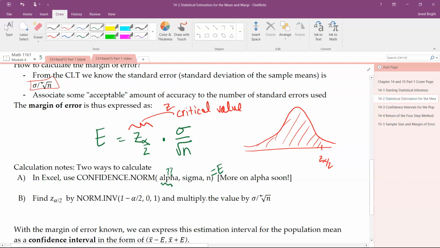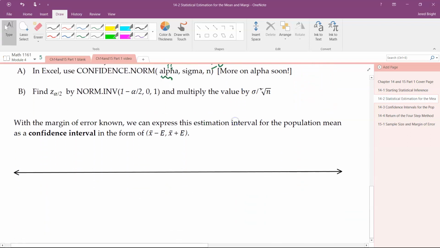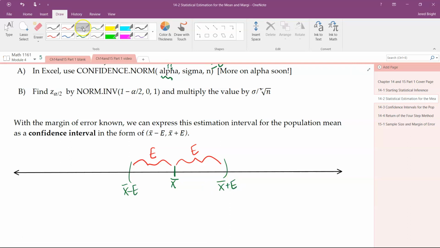Nevertheless, we're now able to say that we have a point estimate for the population mean, and we can extend out in either direction by our margin of error. The interval that we construct here, x bar minus E to x bar plus E, is what we will call a confidence interval for the population mean.